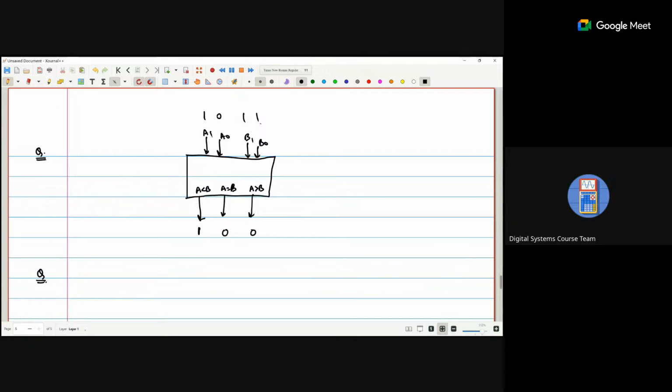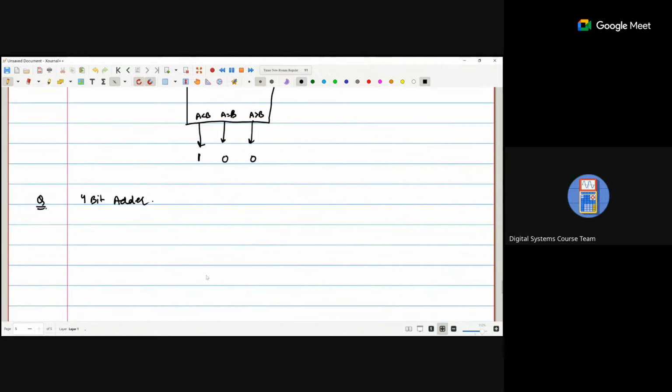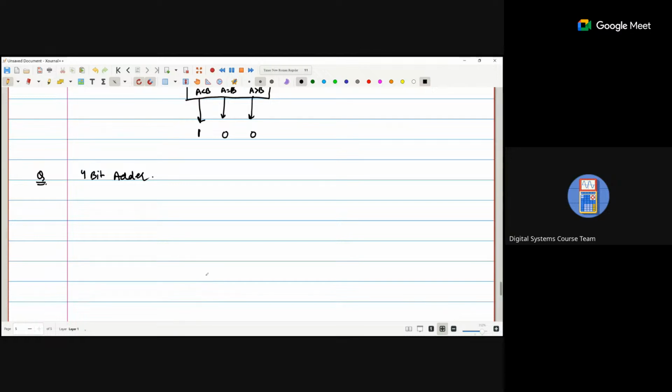So the question is that we have a 4-bit adder.